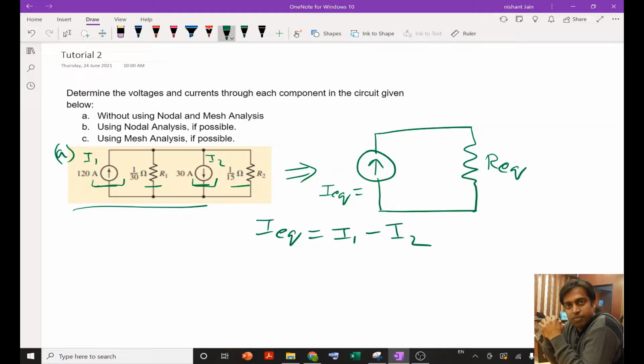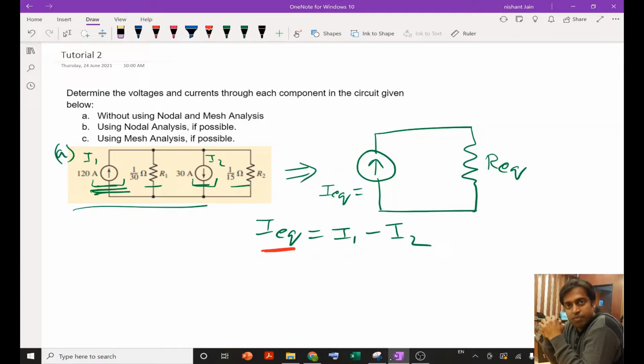I put I1 minus I2 because the direction of I1 and the direction of my equivalent current, I have taken in the upward direction. It is the reason that I1 and I equivalent, since they are in the same direction, I take as positive.